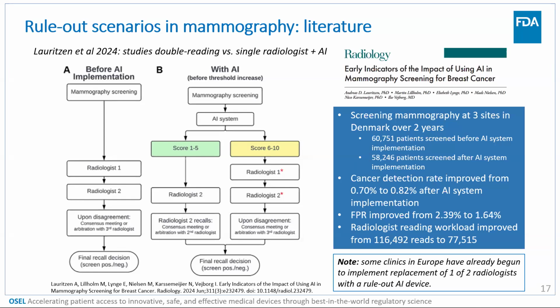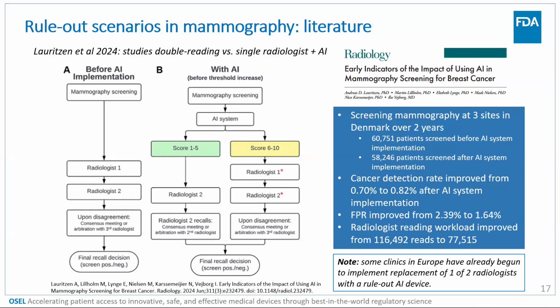So there are several papers coming out of Europe, including this one from earlier this year, that look at rule-out scenarios actually implemented in clinic, where instead of ruling out entirely from radiologist review, you're basically ruling out a certain set of patients deemed high confidence negatives by an AI. So here, maybe the AI outputs scores from 1 to 10, and those with scores from 1 to 5 are deemed high confidence negatives.